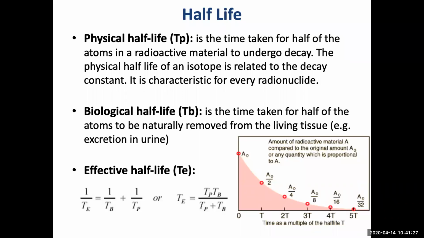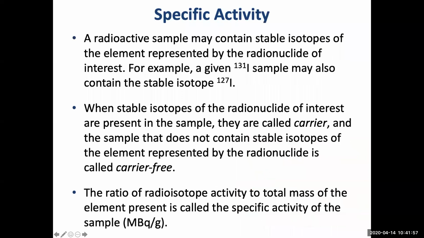The effective half-life is just the relationship between the physical half-life and biological half-life. So we have two half-lives, biological and physical, and the relationship between them can be calculated by calculating the effective half-life. Okay, thank you.